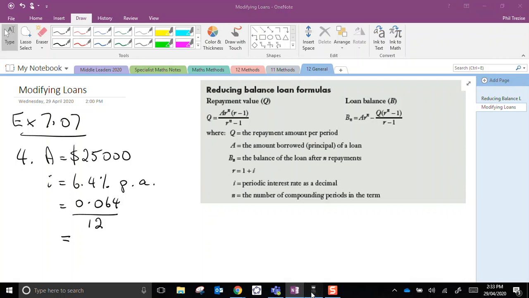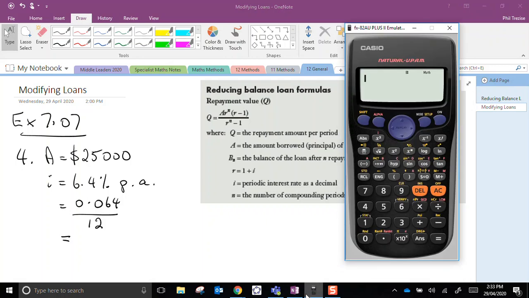Now, I wanted particularly here to demonstrate the use of the Casio calculator. So there's my interest rate, and we will divide this by 12 equals. Now we don't usually write them as fractions, so there's a number. Wow, what a number.